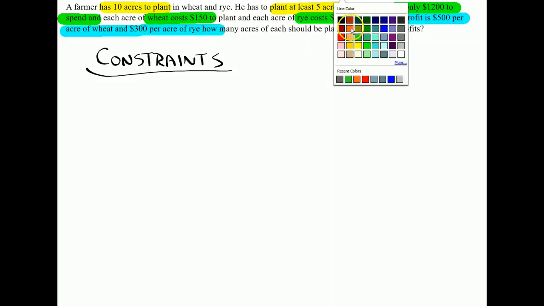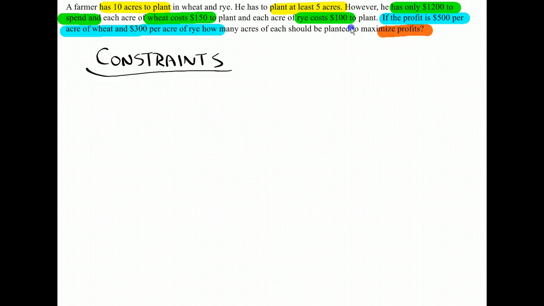Okay, and if you look at the last sentence here, I'll highlight this in orange. How many acres of each should be planted to maximize profits? How many acres of each? So I'm talking about variables here for how many acres of wheat and how many acres of rye. So I'm going to need to define some variables.